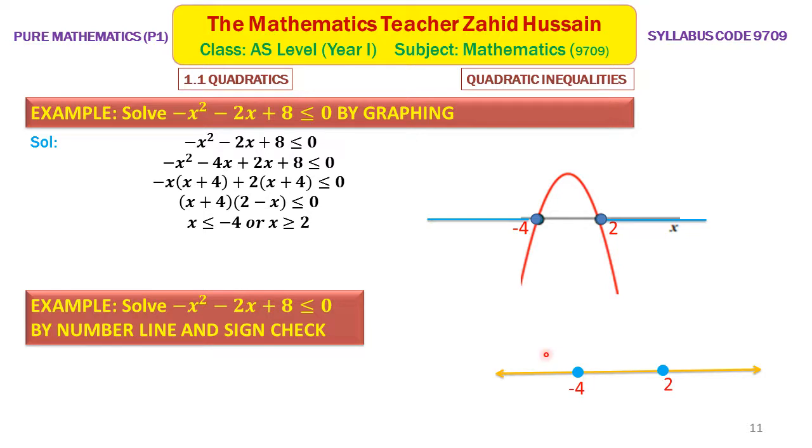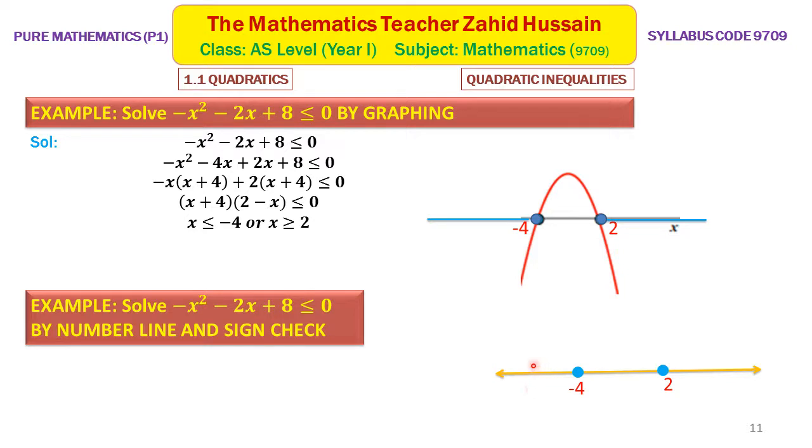Now you will check the sign in this region, in this region, and in this region. From -4 to negative infinity you can choose any point and put that point in these factors to check the sign of this expression.